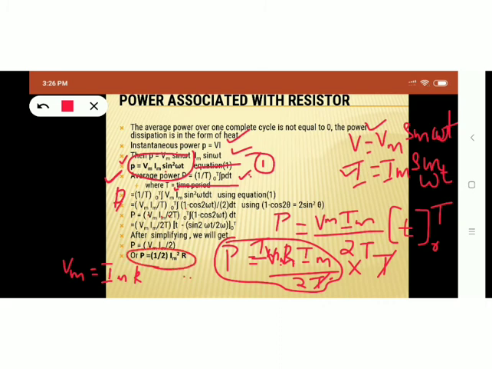Okay, this is obtained by substituting Vm equal to Im R. You will get Im square R divided by 2. So these are the expressions for average power associated with a resistive AC circuit: Vm Im by 2 or Im square R divided by 2.